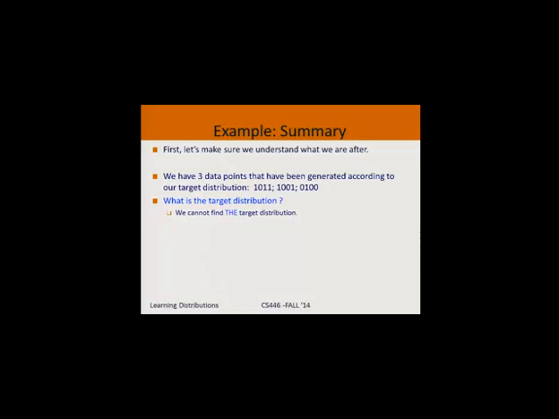So in fact, we know that we cannot find the target distribution. Our goal eventually is what? Why do we want to come as close as possible? What is the eventual goal, really, at the end? Yeah?